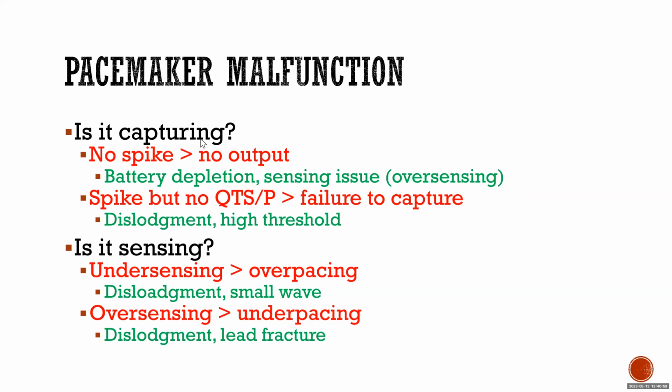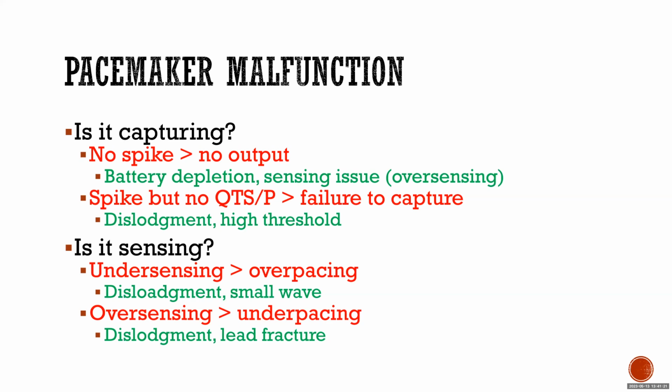Okay, so is it capturing? Not capturing. Is there a spike or no spike? If there's no spike, the cause is either battery depletion. Maybe the patient lost follow-up and now there's no battery. So with bradycardia or asystole, the device just has no battery to do anything. Or a sensing issue, over-sensing.